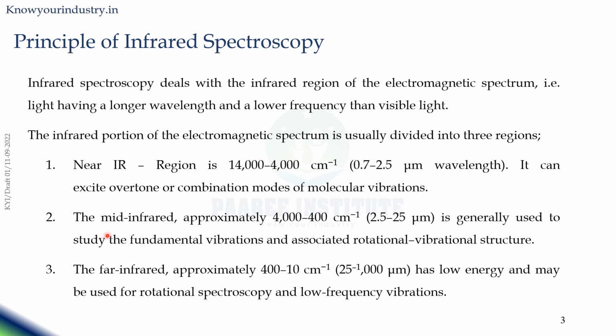The second is mid infrared, approximately 4,000 to 400 cm⁻¹, which is generally used to study the fundamental vibrations and associated rotational-vibrational structures. The far infrared, approximately 400 to 10 cm⁻¹, has low energy and may be used for rotational spectroscopy and low frequency vibrations.